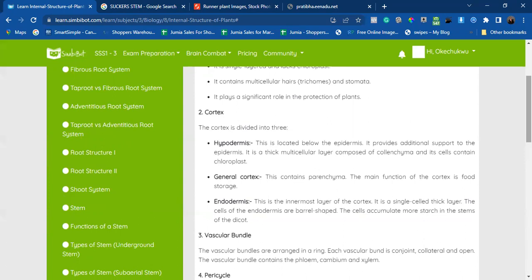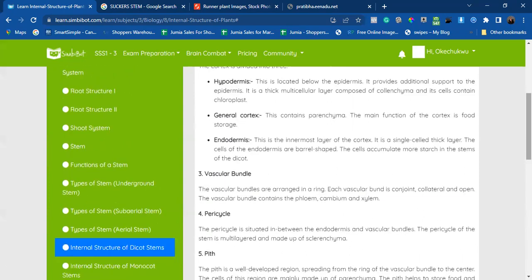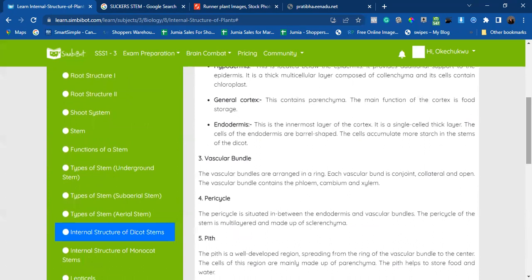Then the third structure of the internal organs of the dicot plant is what we call the vascular bundles, or you can call them the transport tissues. All right. It contains the xylem, the cambium, and the phloem. Okay. Then the fourth one is what we know as the pericycle.